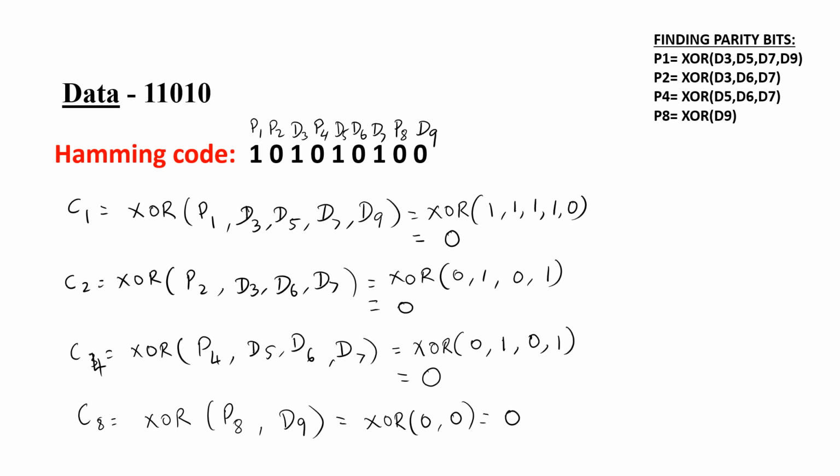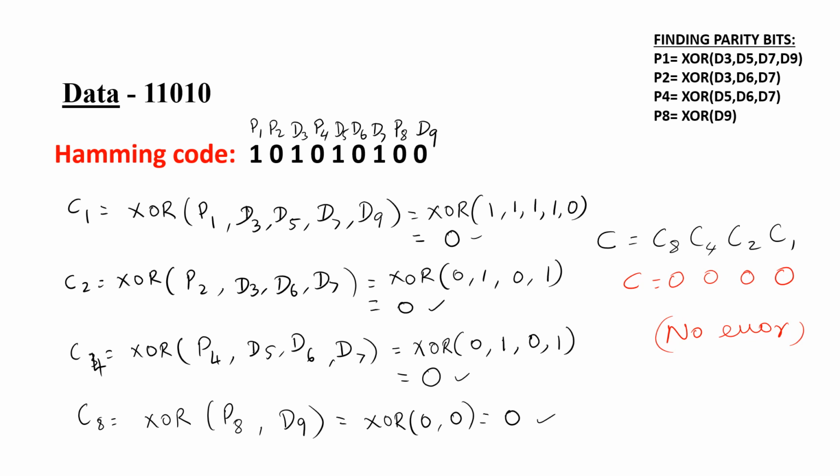So the check bit C is C8, C4, C2 and C1, and we have found all of them. C can be written as C8 is 0, C4 is 0, C2 is 0 and C1 is 0. So 0, 0, 0, 0 means we can conclude that there is no error in the Hamming code received at the receiver.